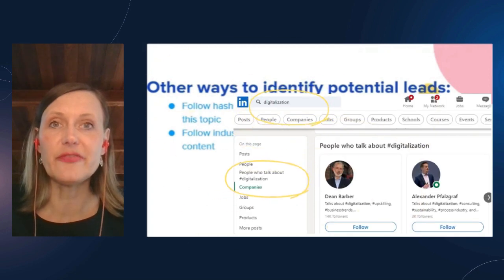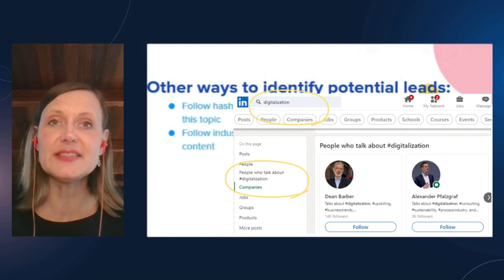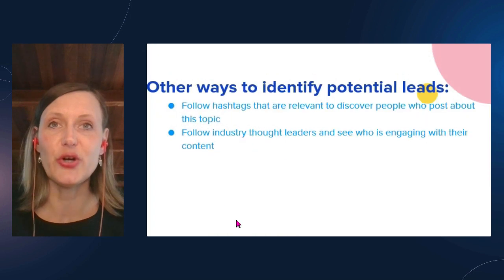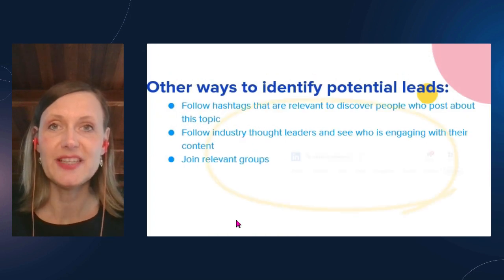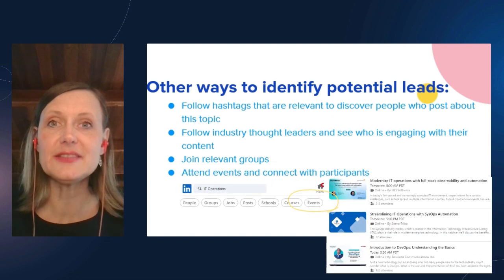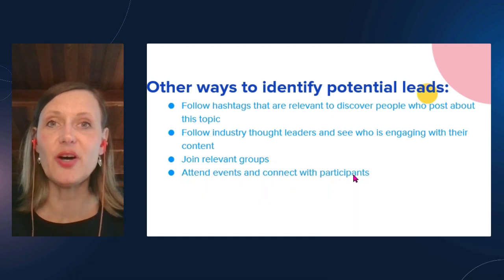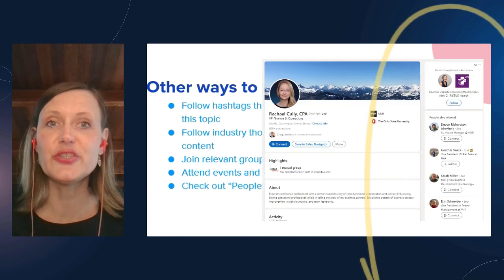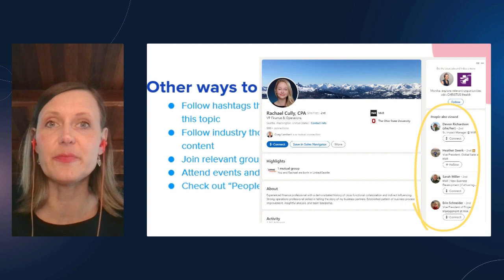Those are people with a lot of followers in a specific niche or industry, and you can see who is following and engaging with their content. You can join relevant industry groups, attend events and connect with participants, and you can also check out the People Also Viewed section, which you find at the bottom right of people's LinkedIn profile.